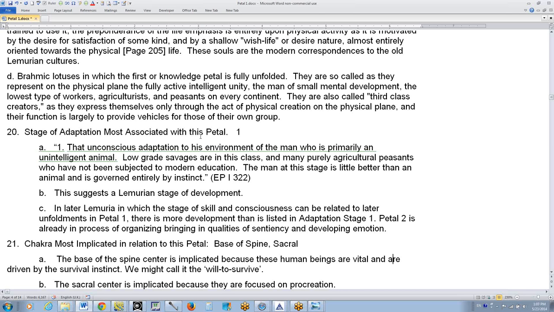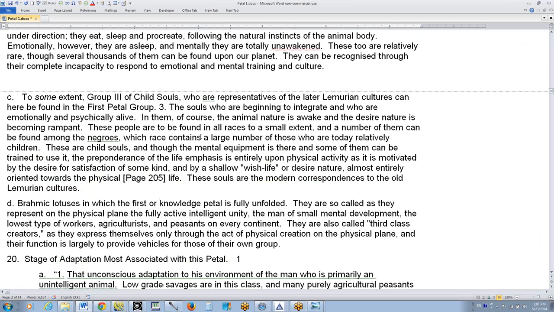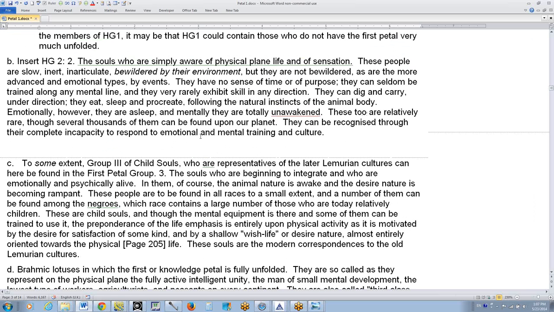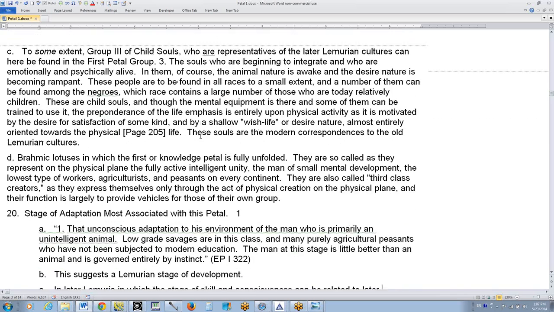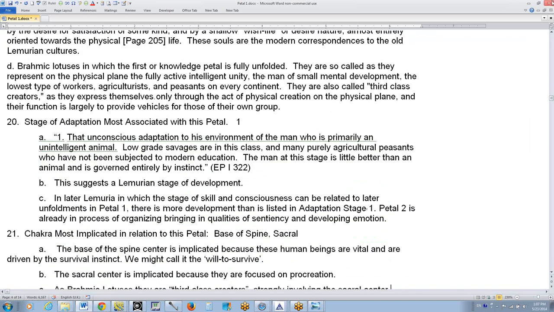And there will be a big span, all the way from the most inert to those who have relatively shallow wish life and very physicalized desires. All right. Well, you can put what is said here together with what was said in detail earlier.